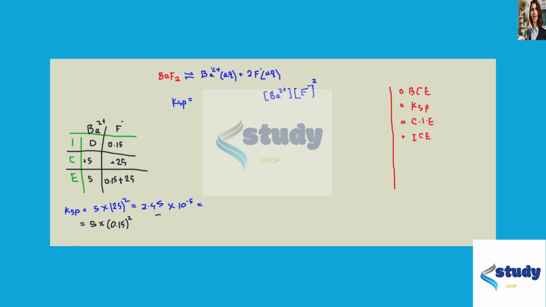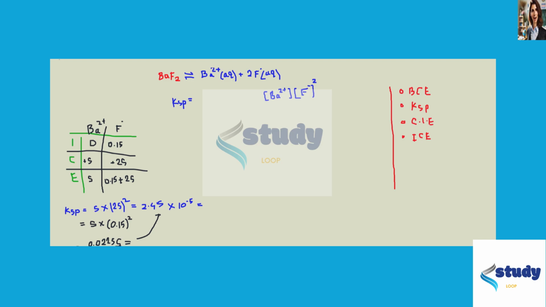So from here we will find it should be 0.0225 S, and this value is equal to the Ksp value again.